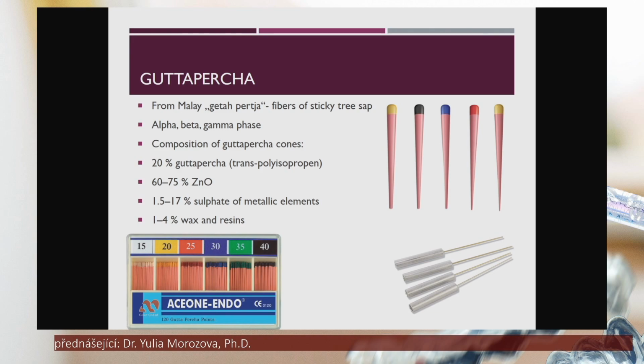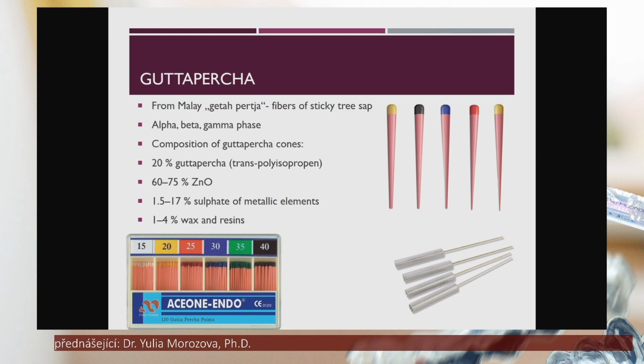As I said, we can differentiate three main phases of gutta percha: alpha, beta, gamma phase. With respect to the composition of gutta percha cones, 20% is the natural gutta percha, which from a chemical point of view is so-called trans-polyisoprene.